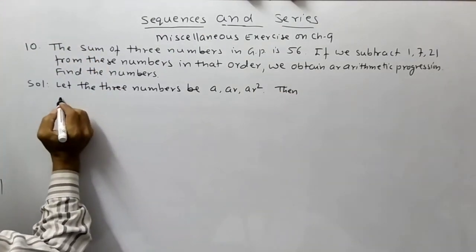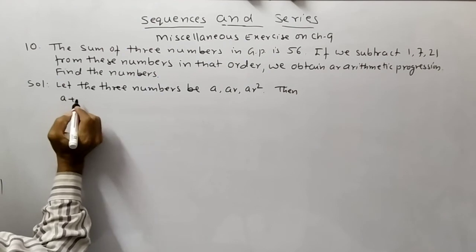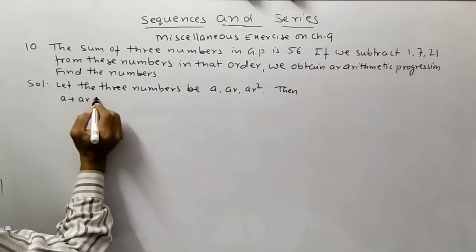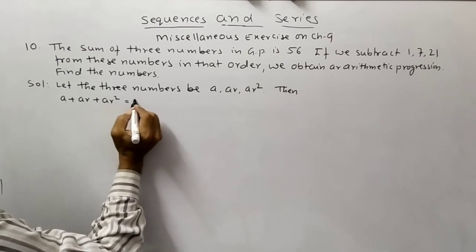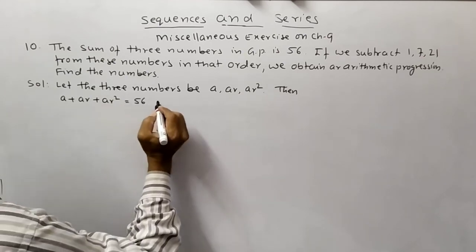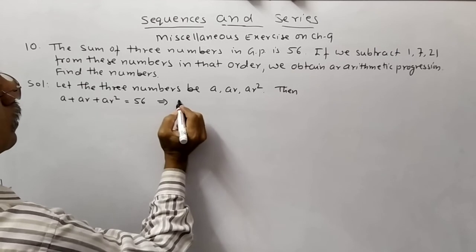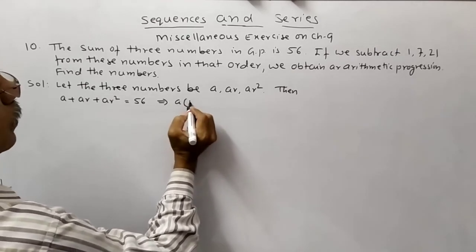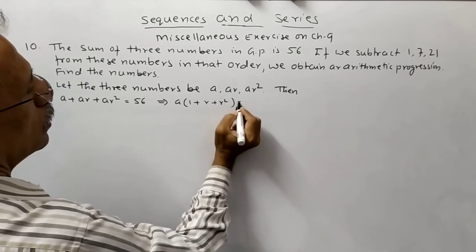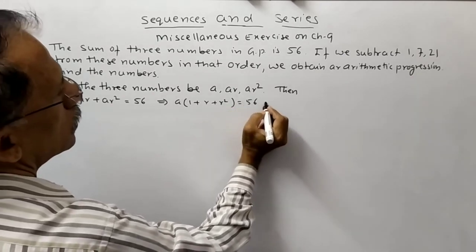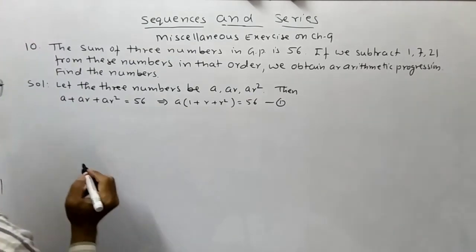Then a plus ar plus ar square is equal to 56. This implies a into bracket 1 plus r plus r square is equal to 56. Say number 1.